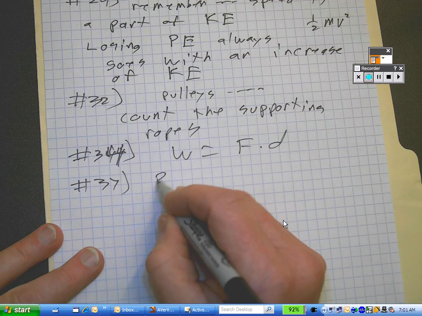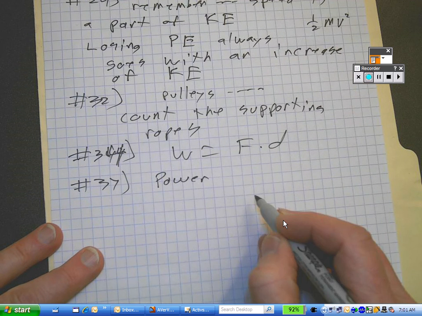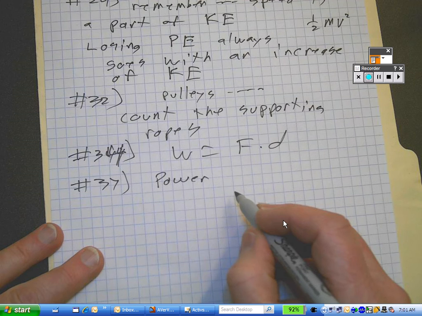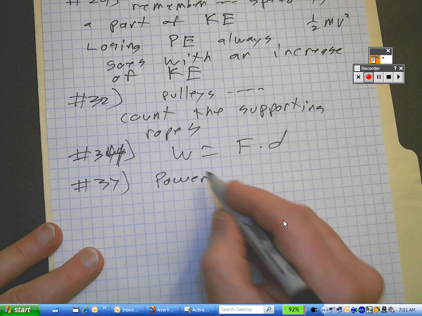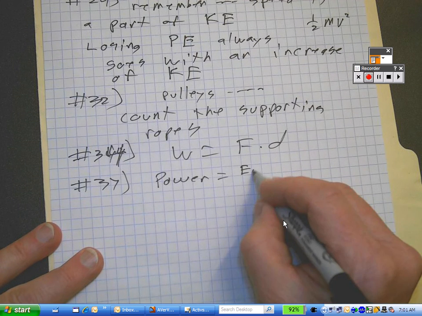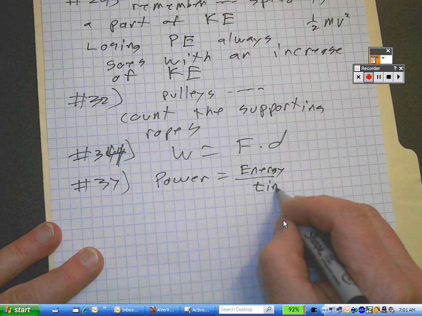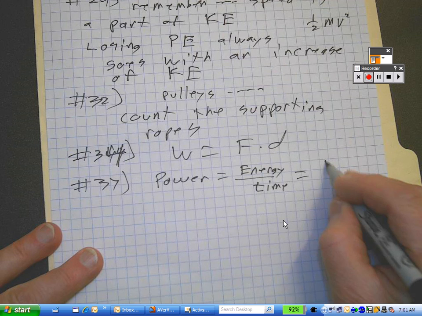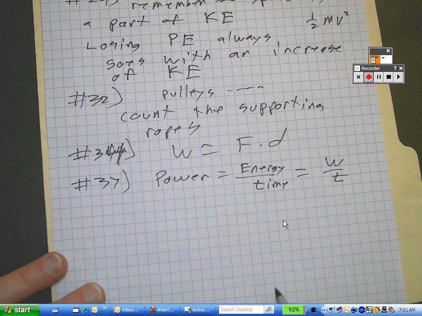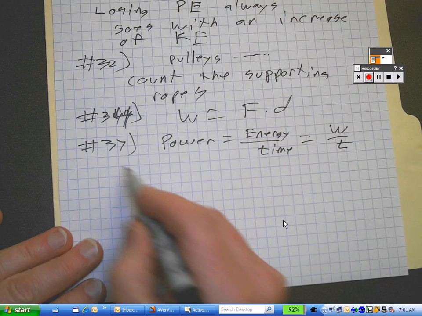Now, power is similar to energy, similar to work, but it's how quickly you expend energy or how quickly you do work. So it's the energy that you expend divided by time. So that's also equal to the work divided by time. That should help you with the power problem that you see here.